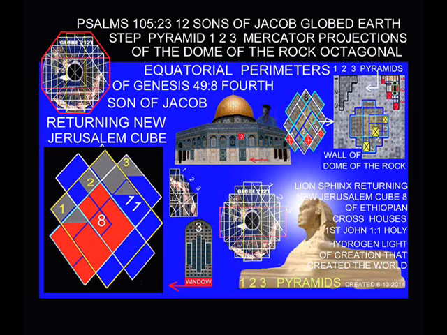When we do this, we will see 1, 2, 3 grouping of pyramid bases as the 1, 2, 3 grouping of pyramid squares.